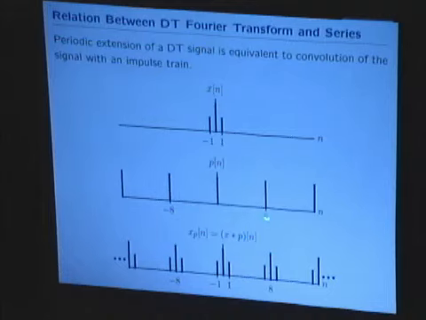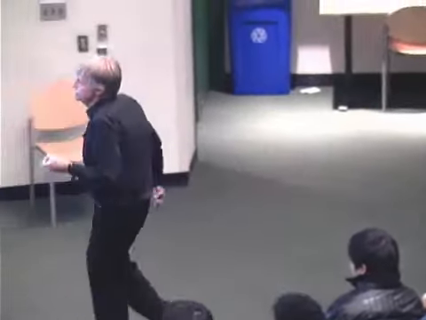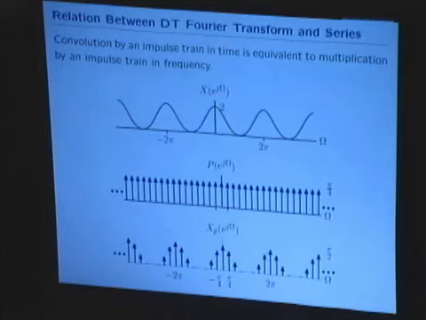And so if I convolve by the unit sample train, what do I do in frequency? Convolve by a unit sample train in time gives what in frequency? Multiply. So I'm expecting that the answer will be sampled, and that's what happens.